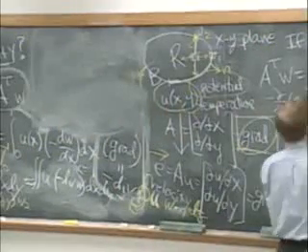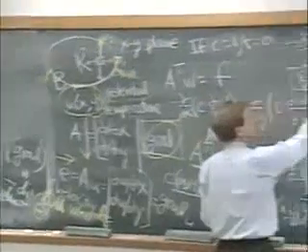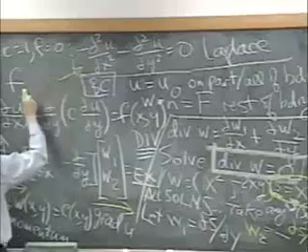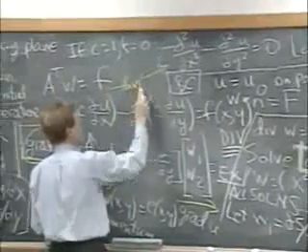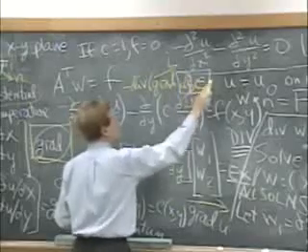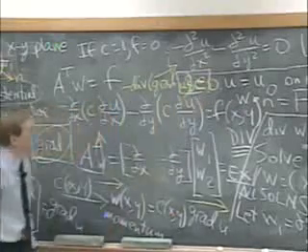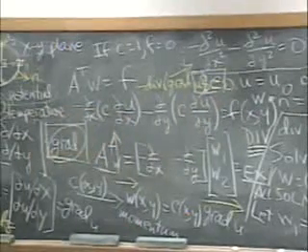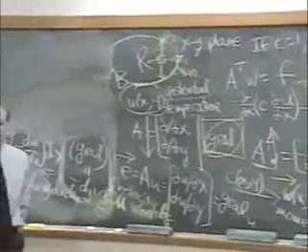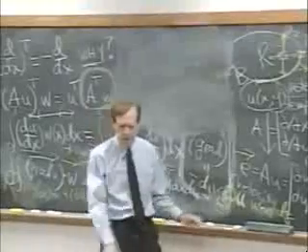This thing is exactly minus the divergence of the gradient, because c is 1, of u. That's Laplace. By the way, why the minus sign? Well, you could say because it came with a transpose.